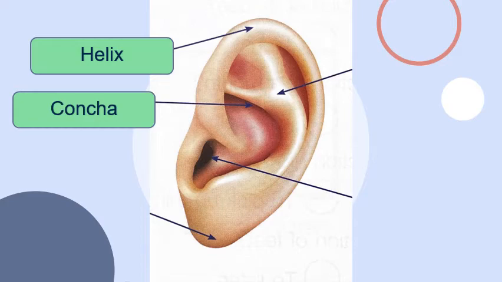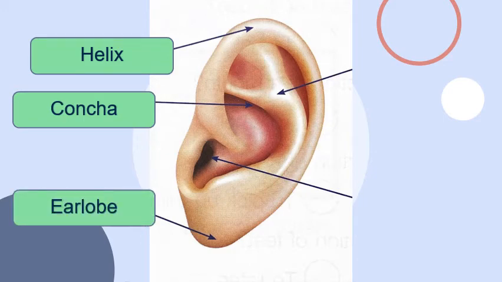Yes, that's your concha. We also have earlobe. Now your turn. Say the word earlobe. This is the soft and fleshy lower part of the external ear. Now please touch your earlobe. Where is your earlobe?